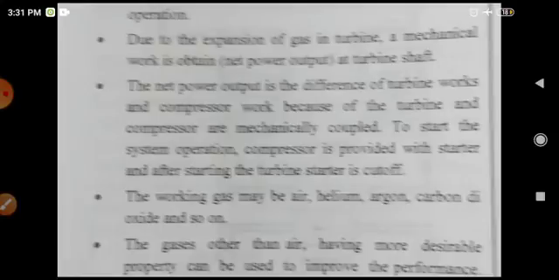The working gas may be air, helium, argon, carbon dioxide and so on, or many other gases. Gases other than air having more desirable properties can be used to improve the performance.